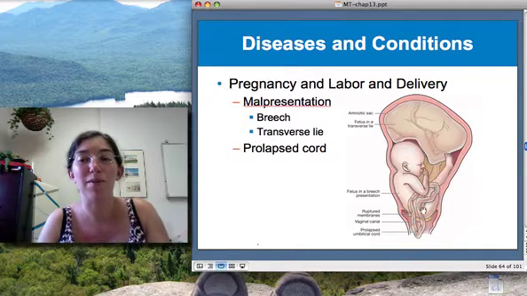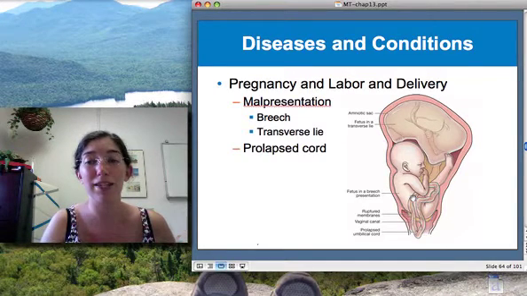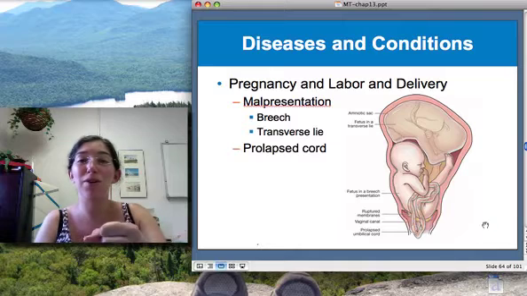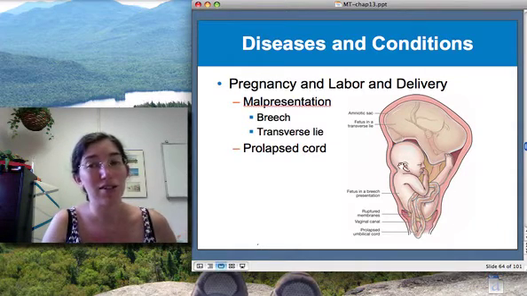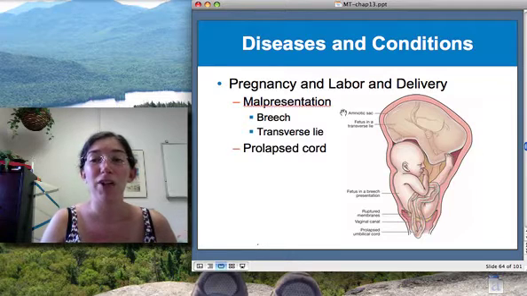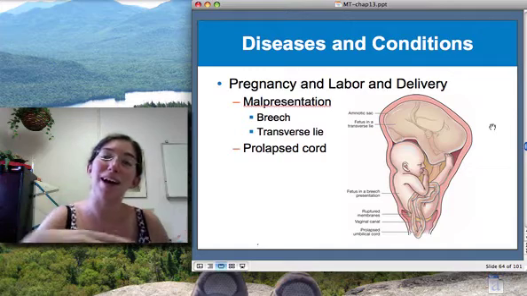They rely on blood flow through that umbilical cord to get their oxygen. So if that umbilical cord becomes pinched off, when it's prolapsed, that can be very dangerous for the baby. Transverse lie is another positioning of the baby where they're lying sideways.